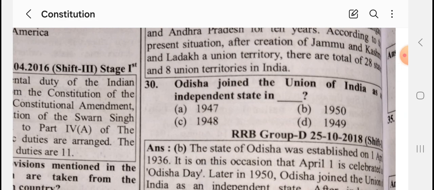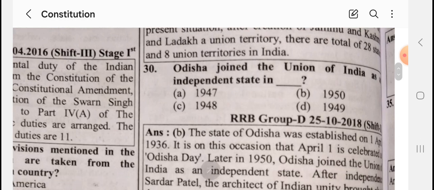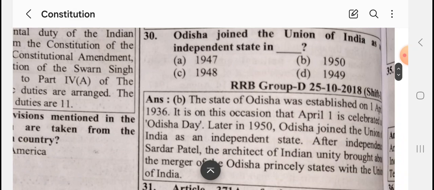Odisha joined the Union of India as an independent state in 1950. The state of Odisha was established on 1st April 1936. It is on this occasion that April 1 is celebrated as Odisha Day.